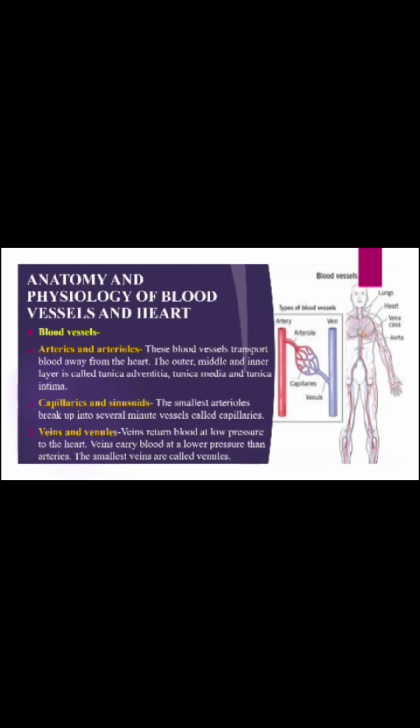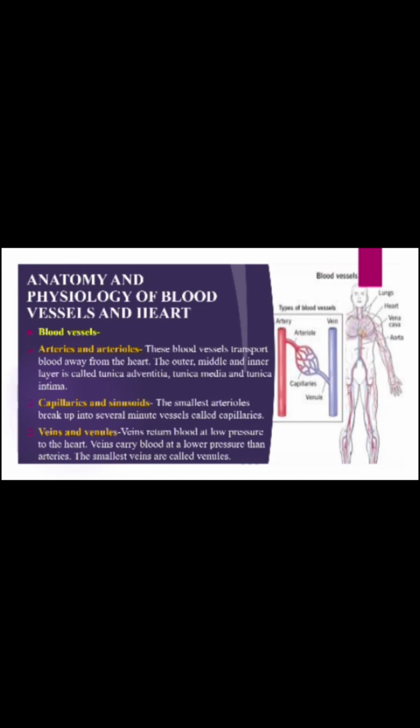Then the capillaries. Capillaries are the junction between the arteries and the veins. The smallest arterioles break up into several minute vessels called capillaries. Blood cells and large molecules such as plasma proteins do not normally pass through the capillary walls.